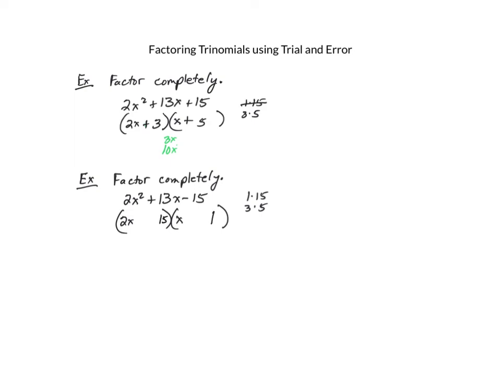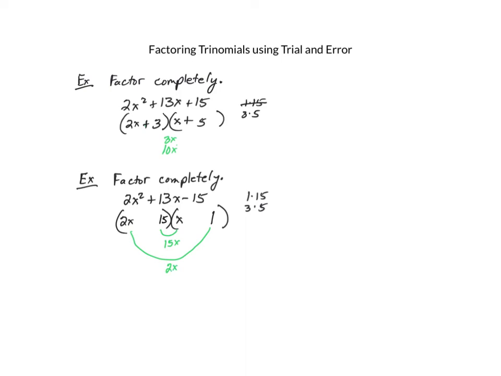Now on the outside we'd have a 2x, and on the inside we'd have a 15x. Hey, that's promising. Let me write it out so you see what I mean. 15x and a 2x, as long as we can make the signs work.